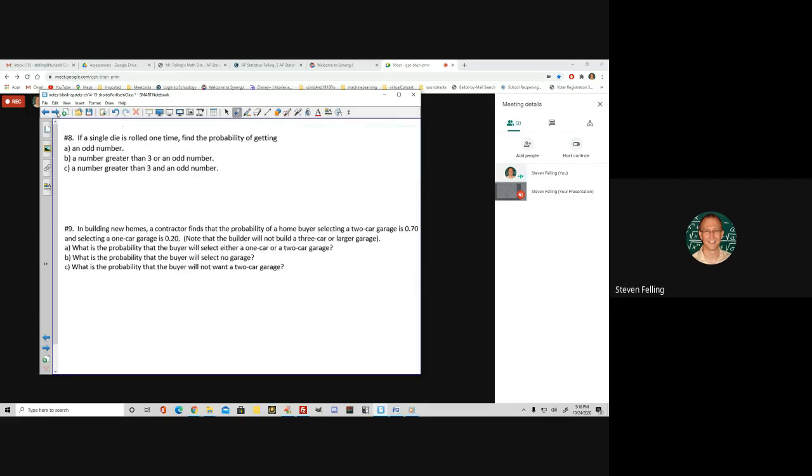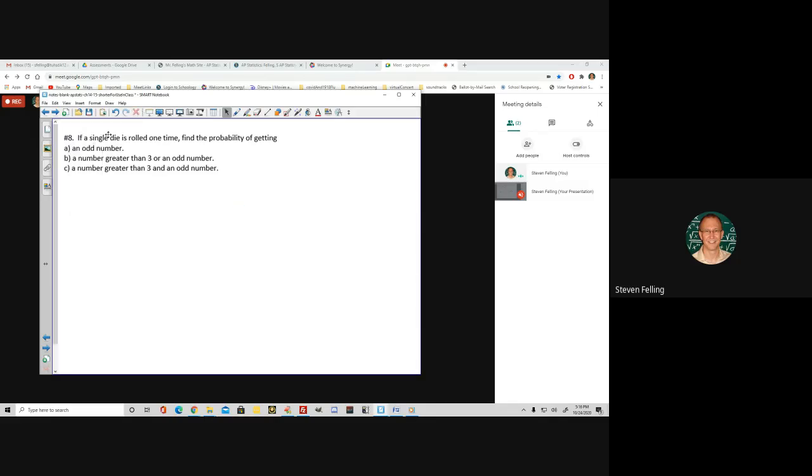Let's take a look at number 8 then. So number 8 says, if a single die is rolled one time, what's the probability of getting an odd number, or a number greater than 3, or an odd number, or a number greater than 3 and an odd number? All right, so again, I'm going to copy this to 2 because I want to be able to do both of these separately. Okay, let's take a look at number 8.